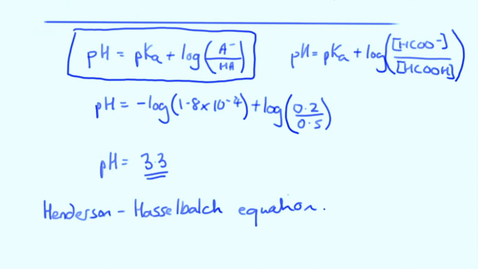You want around 1 decimal place, 2 decimal places, 3 decimal places is quite unusual. And this method, unless the Ka value is particularly different than what we normally get for weak acids, should be okay. You still should do a check to make sure it's okay. This should still be a very small number, but in most of the questions you get asked, this is perfectly adequate as an estimation of the pH.